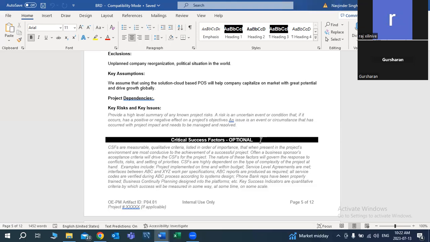Sometimes if internet connection is lost for the POS, that could be a risk, because it's a cloud-based application, you require a proper internet connection. Am I right? Okay. What else is required apart from that?